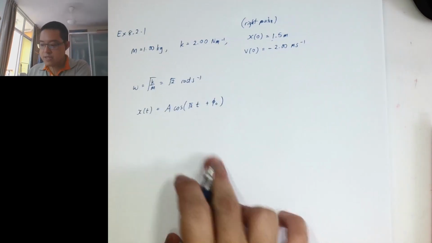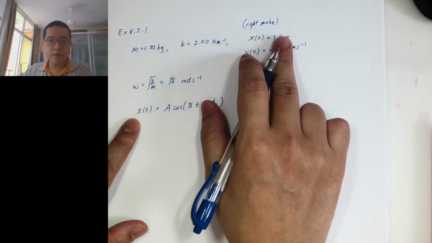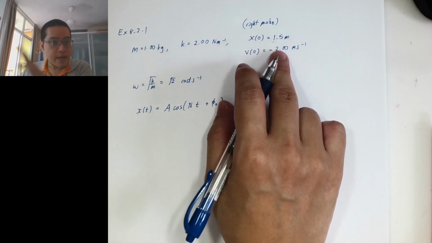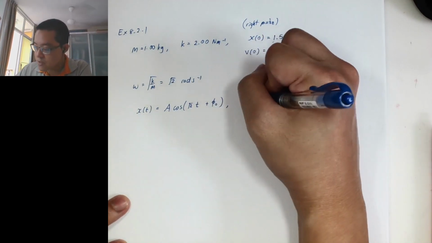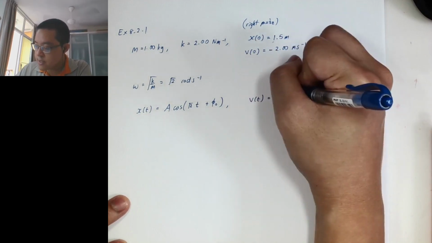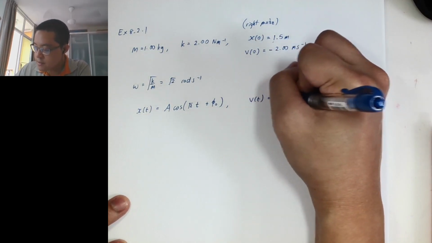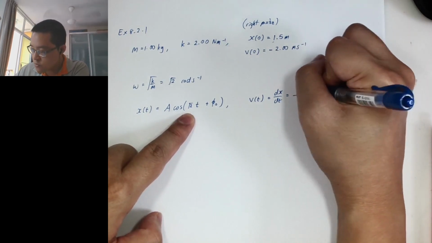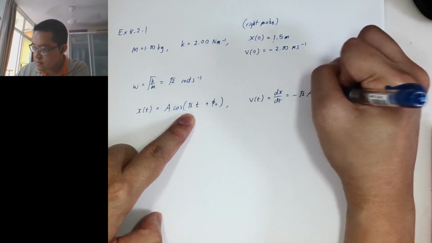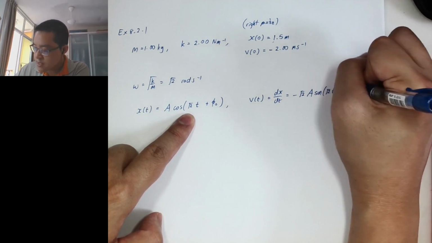Okay, so this is my position. I will use this information later, but I also need the velocity. So the velocity is dx/dt, just the differentiation of this. So I get negative square root 2 A sine of root 2 t plus phi 0.